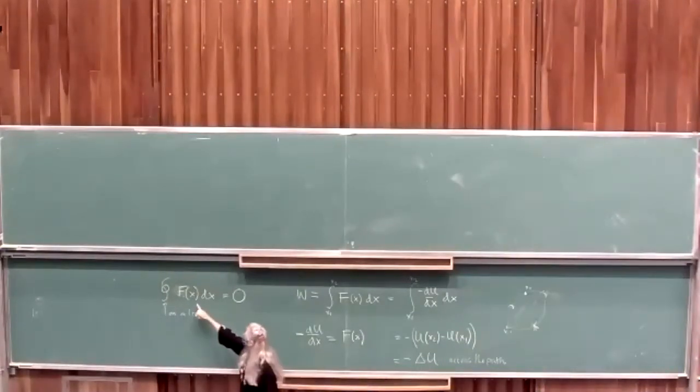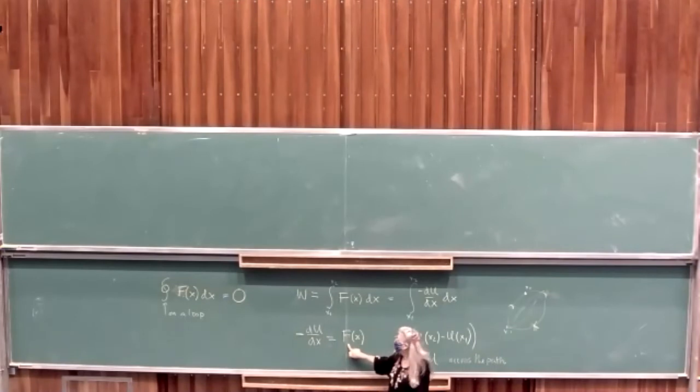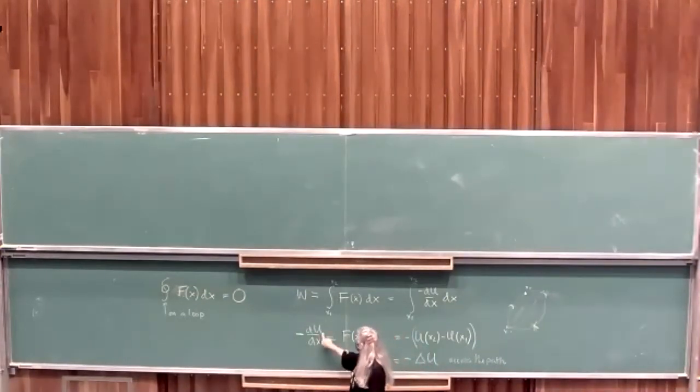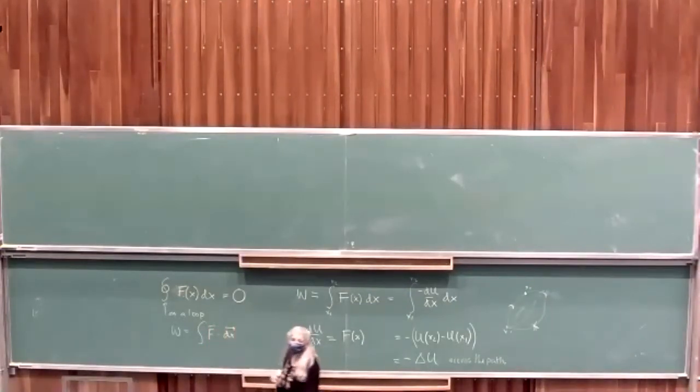It's not always true in 3 dimensions. The reason is that this is only true if we can find a function such that dU/dx equals minus F. In general, I could have a force as a vector, so work is the force vector dotted with dx, which is a displacement vector.